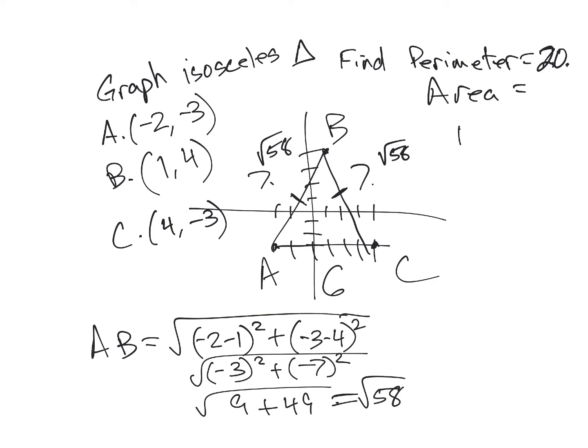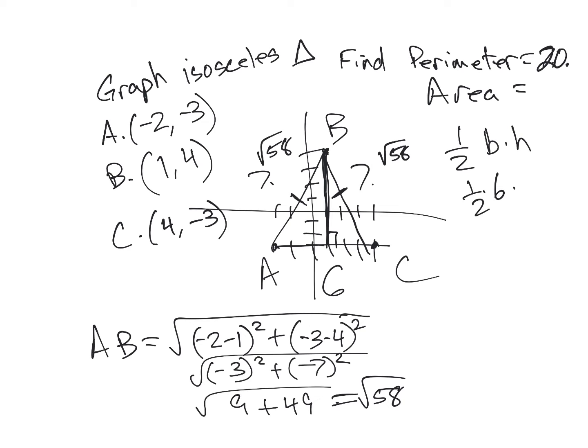Area of a triangle, you have to remember, 1/2 base times height. The base is 6. Now you got to get the height. Luckily for you, it's a vertical line. Otherwise, it's a pretty difficult task to find that length, and you will have to learn how to do that at some point, but not yet.